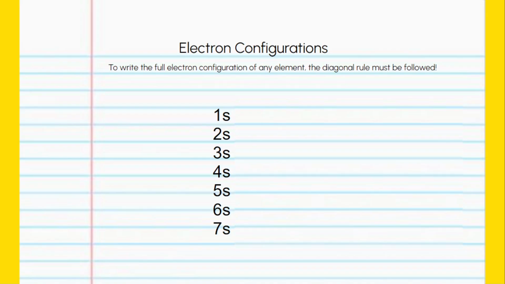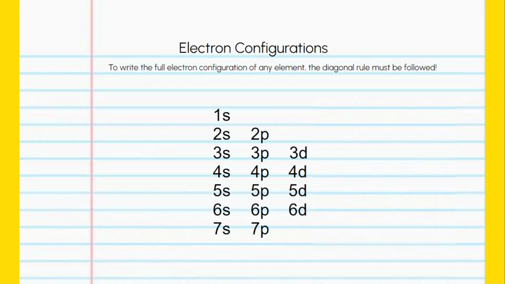So right here, we have 1, 2, 3, 4, all the way to 7s. For the orbital principle, there are 4 different orbitals or 4 different blocks on the periodic table.